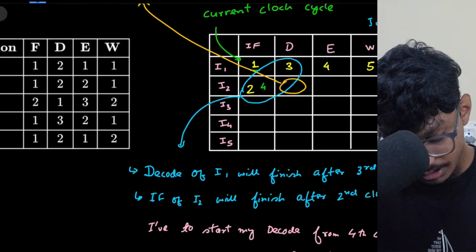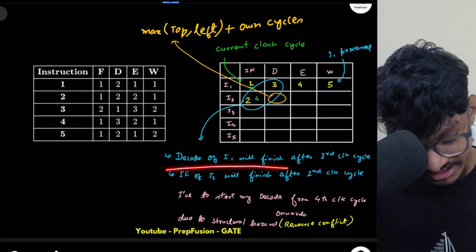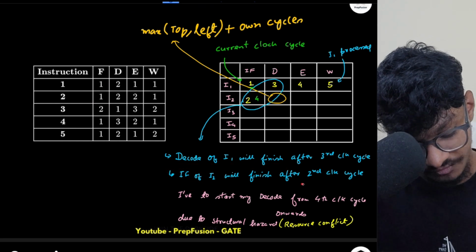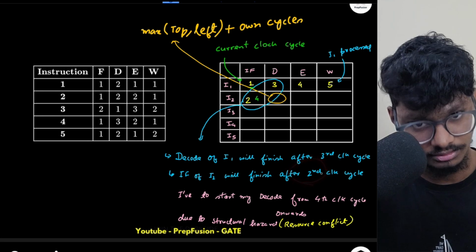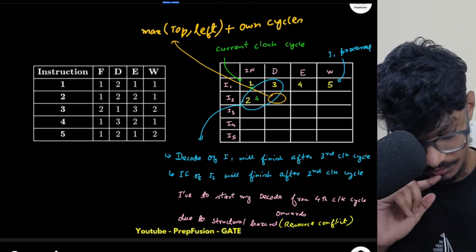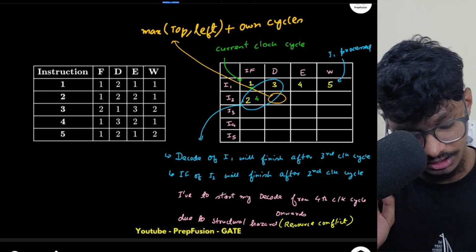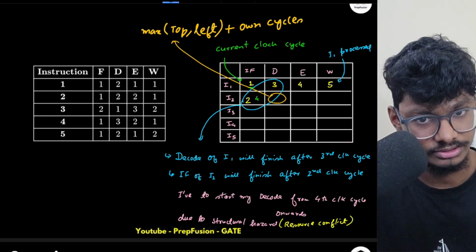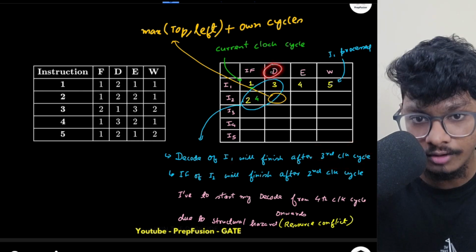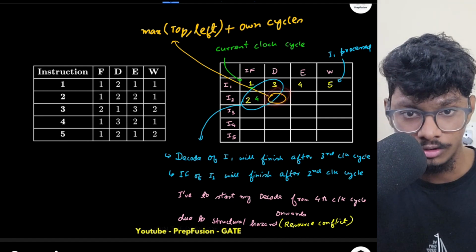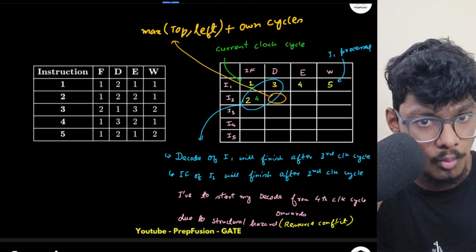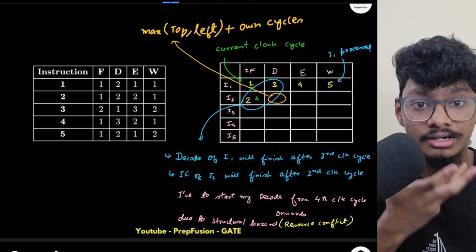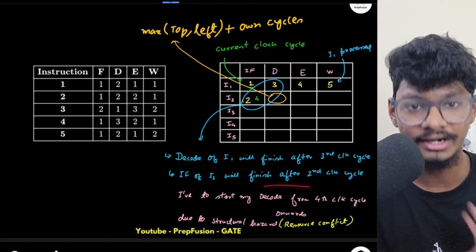Then the instruction fetch of I2 will finish after the 4th clock cycle, right? And the decode of instruction I1 will finish after the 3rd clock cycle. You will say that the decode stage is free now, so I can do my decode after the 3rd clock cycle. No. The instruction fetch of I2 hasn't even been completed. How can I decode?